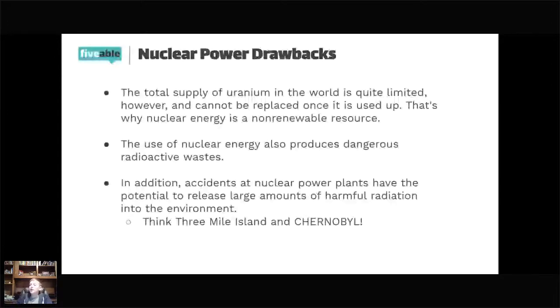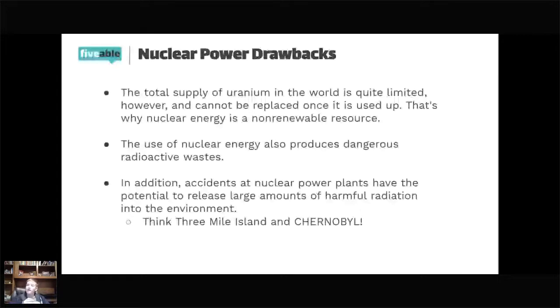You know how there's nuclear bombs, like in World War II, the Manhattan Project, they tried to create an atomic bomb. Nuclear power works the same way. It's radioactive. If you've ever heard of Three Mile Island, Chernobyl, the nuclear meltdowns, that's dangerous waste that's being produced.